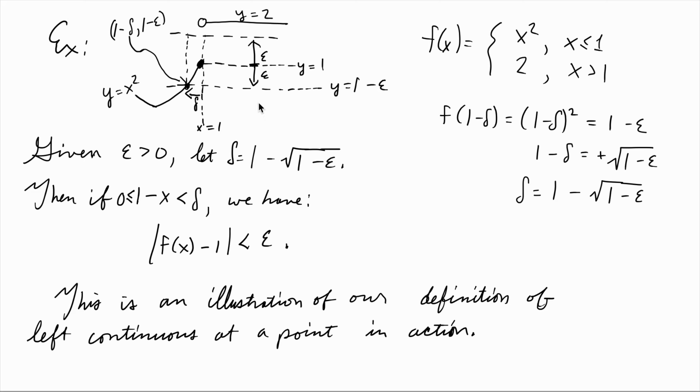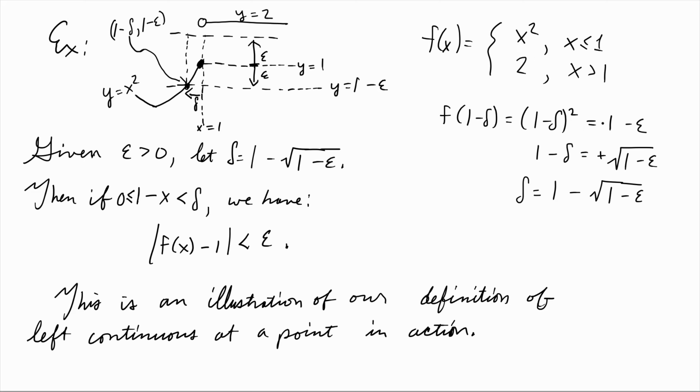So to do that, we can think, all right, this y value right here, epsilon down from 1, can be described in two ways. As 1 minus epsilon, epsilon down, or it can be described as the output of plugging in 1 minus delta, which is the x value right here. We went delta over that way, so it's 1 minus delta. So plugging 1 minus delta into the function f. 1 minus delta is less than 1, so we can plug it into this part of the piecewise function.